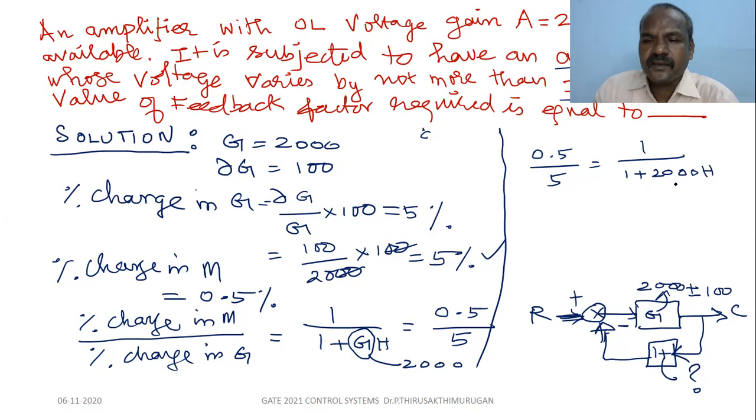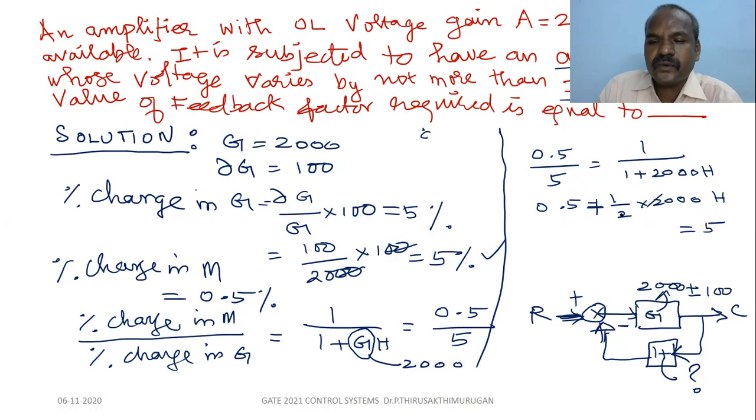Cross multiply: 0.5 is 1 by 2, so 1 by 2 into 2000 h equals 5. The 2 cancels, giving 1000 h.